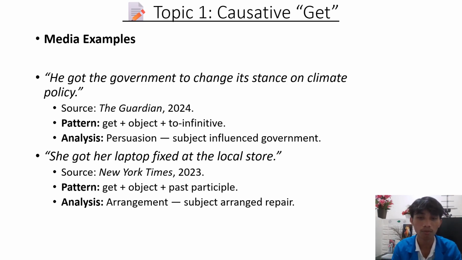Another example from the New York Times in 2023 said, she got her laptop fixed at the local store. This follows the pattern get plus object plus past participle and shows arrangement. These examples prove that causative get is common in journalism.